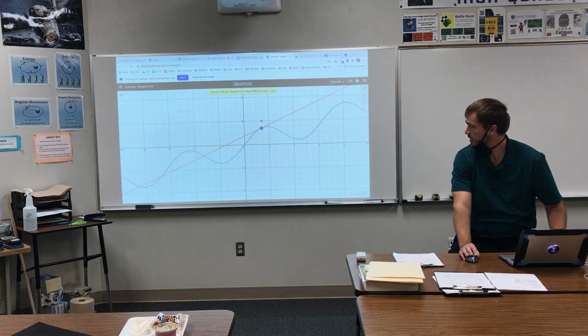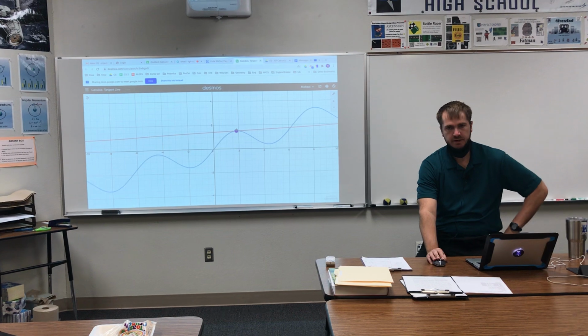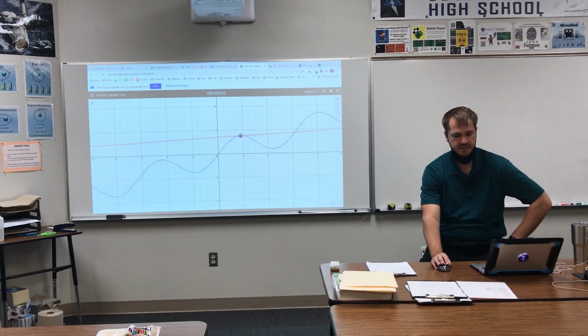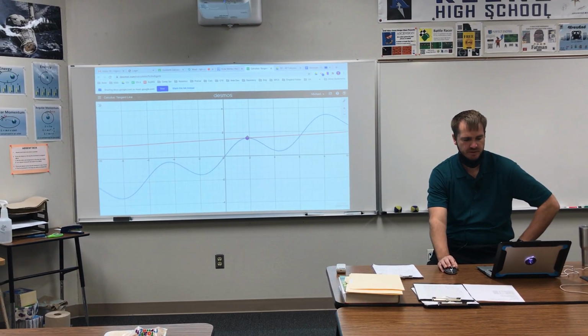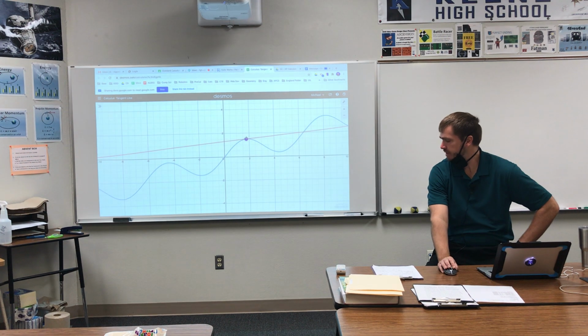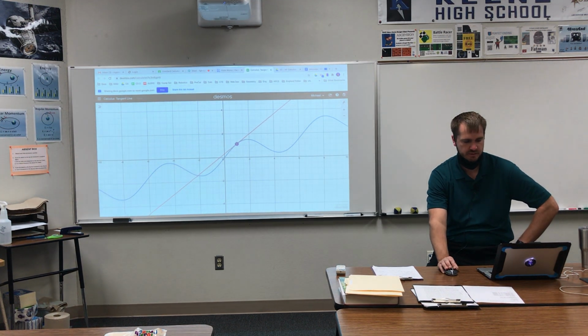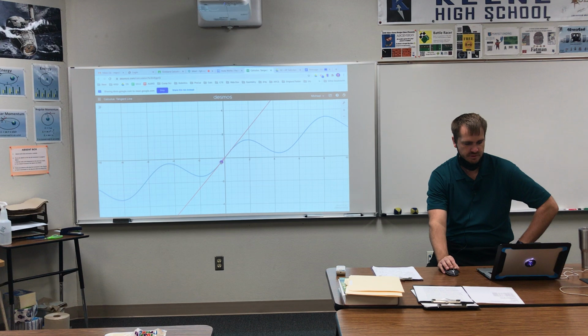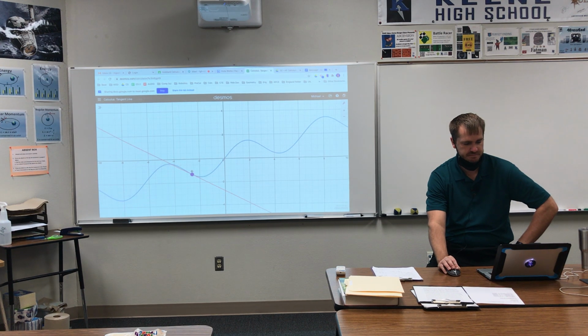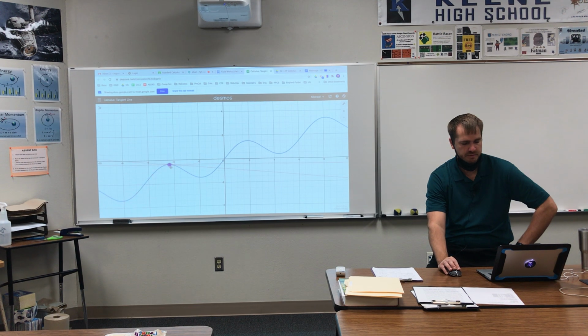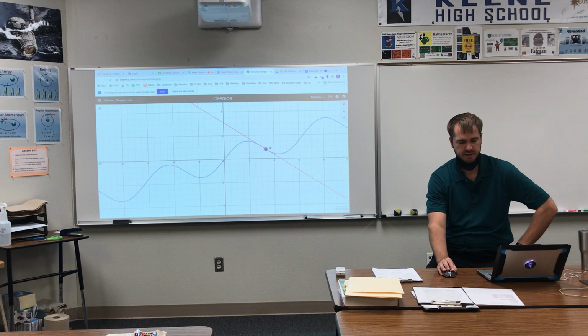So the point of everything we're doing right now is we're trying to find the slope of the tangent line, or the equation of the tangent line. So there would be the tangent line right there, tangent line right there, tangent line right there. Pretty much anywhere that you are along this function, you can have a tangent line. And if you want to, you could write the equation, and that's what you've got to do.